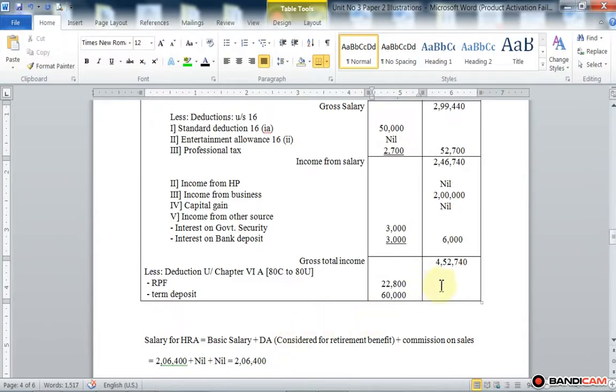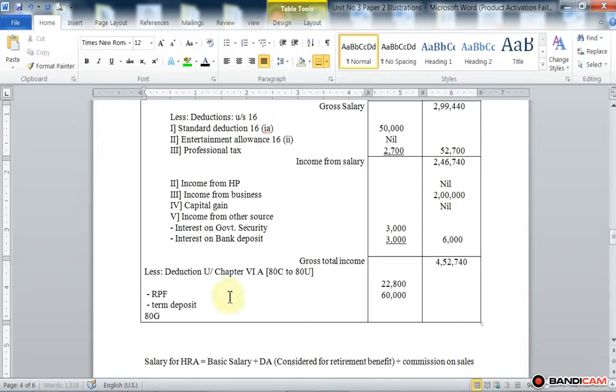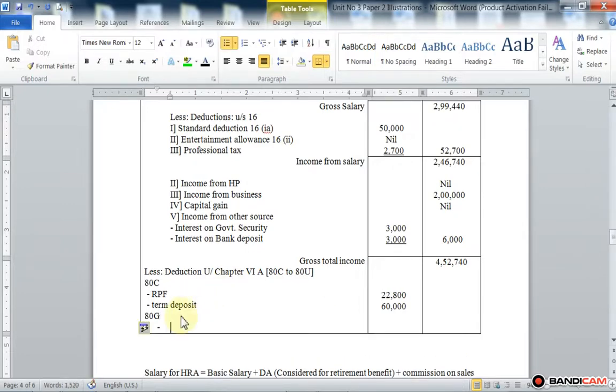Then deduction under section 80G. 80G is equal to donation to the National Children's Fund. So 50%.